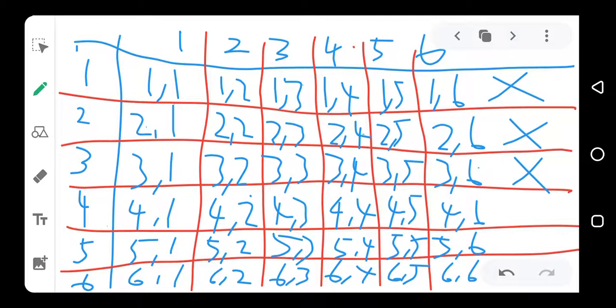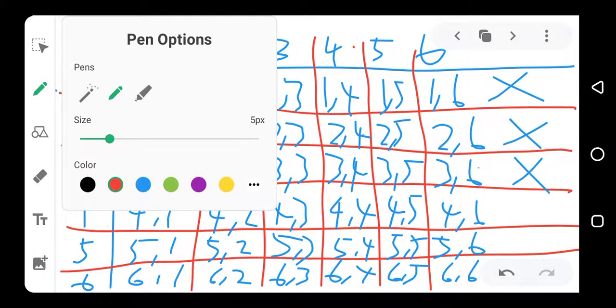So in the fourth row, we start looking for numbers greater than 9. 4 plus 4 is not greater than 9. 4 plus 5 is 9, it is not. Then 4 plus 6 is 10, so it is greater than 9 and we mark it.